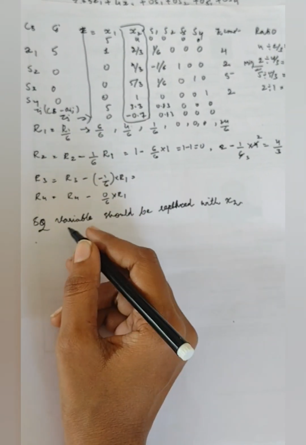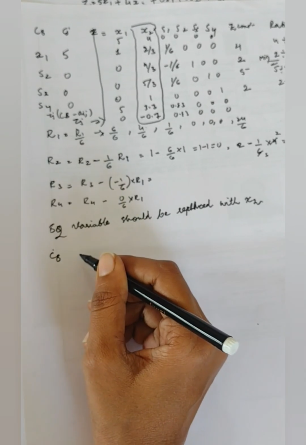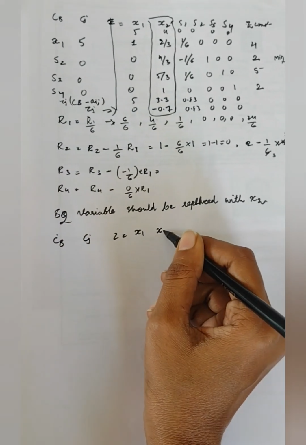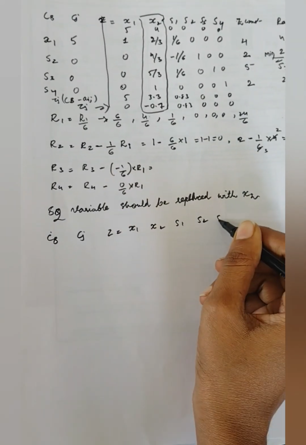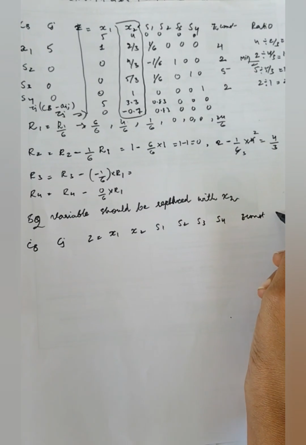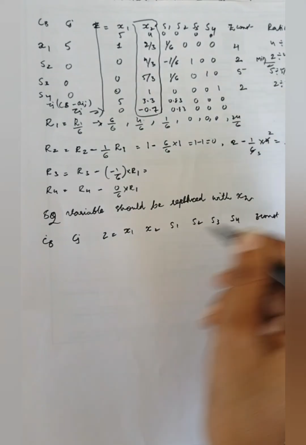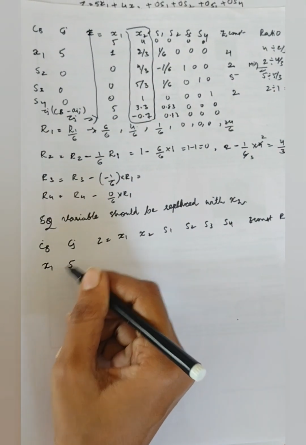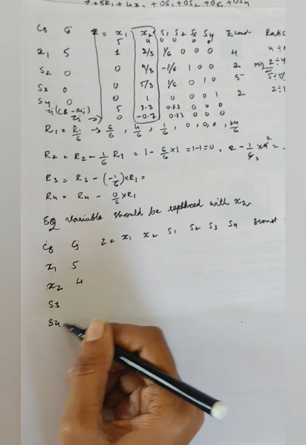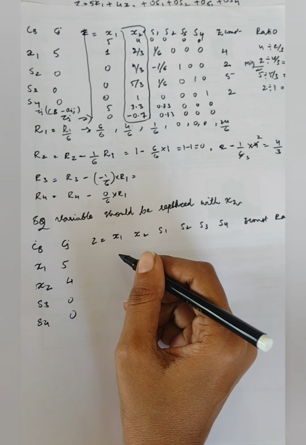Now by replacing the S2 variable, same as usual method, CB, CJ, Z is equal to x1, x2, s1, s2, s3, s4, Z, constraint ratio. Same, x1 is equal to 5. Now x2 will be 4. Same as usual, s3, s4, 0, 0, x1.